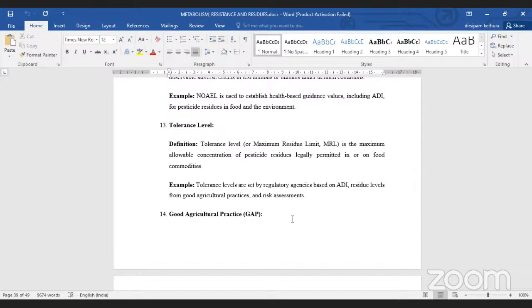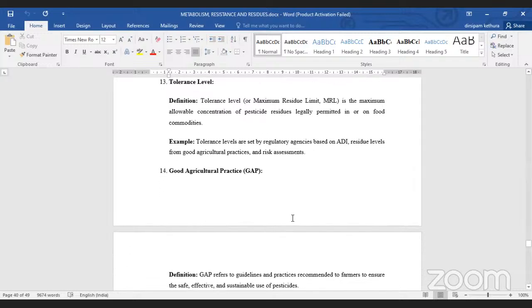Okay, and this maximum residue limit is defined as the maximum levels of pesticide residues present in or on a produce when pesticide is used under supervision following good agricultural practices, and the concentration is expressed in parts per million. Example here is tolerance levels are set by regulatory agencies based on ADI, residue levels from good agricultural practices and risk assessments.